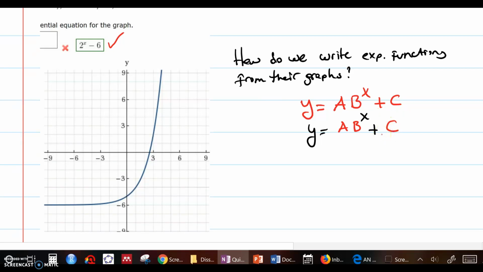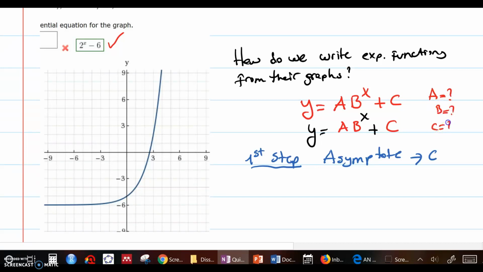First step, we start with asymptotes, which is C. Once again, our job is to find out what's A, what's B, what's C, and we then put them all together and get this form.